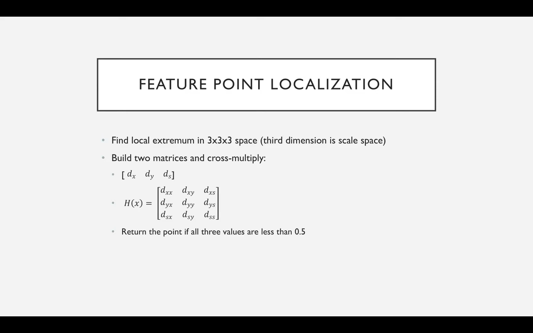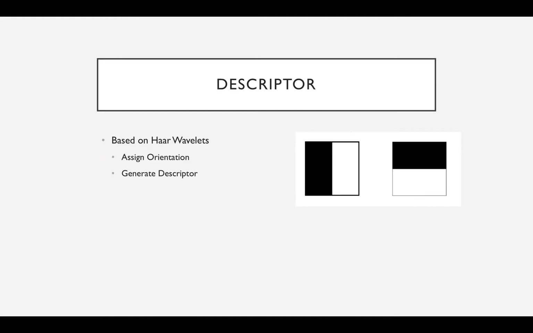And then we will cross-multiply them and return a matrix of responses in the x, y, and layer. If all 3 of those values in that matrix are less than 0.5, then we assign that point to be a valid feature point.